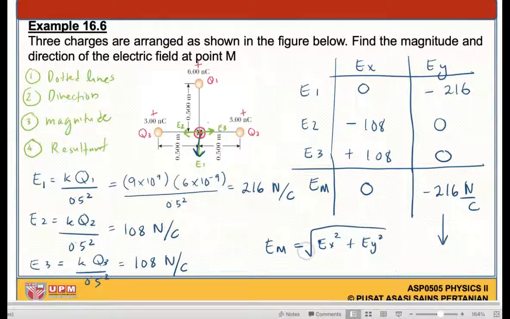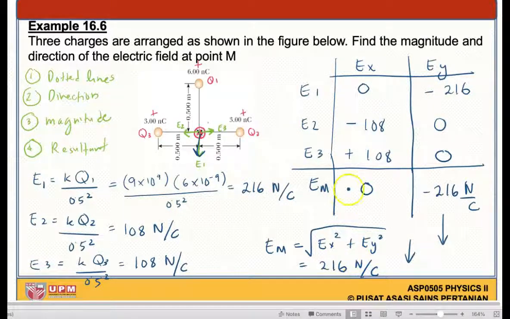Ex squared is 0, Ey squared is minus 216 squared, and then you square root that again, which just gives me 216. And what about the direction? The direction is given by this arrow, which means that you don't have to use the inverse tangent equation. So the direction is going down.